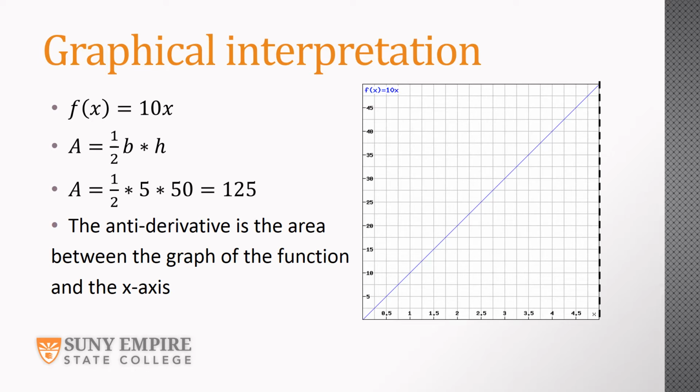Since this area is a triangle, our formula is 1/2 multiplied by the base multiplied by the height. The base is the elapsed time of 5 seconds. The height is the final velocity of 50 meters per second. Plugging in, we have 1/2 times 5 times 50, which equals 125 meters.